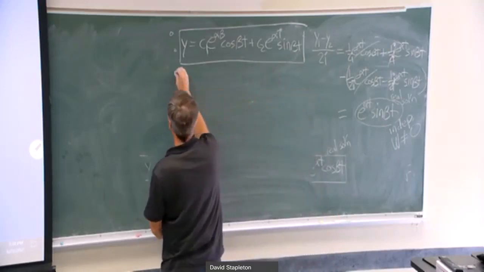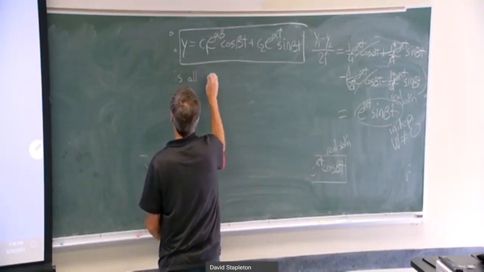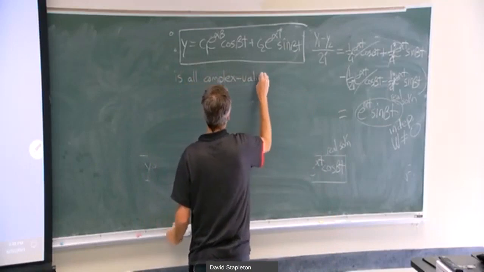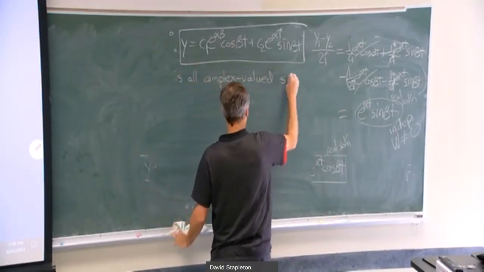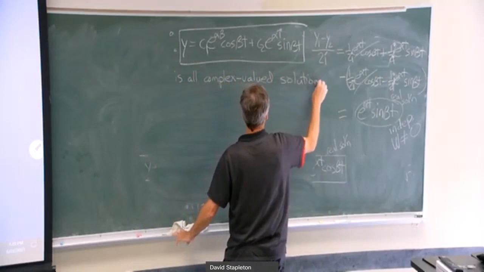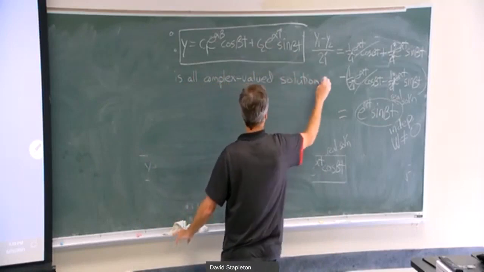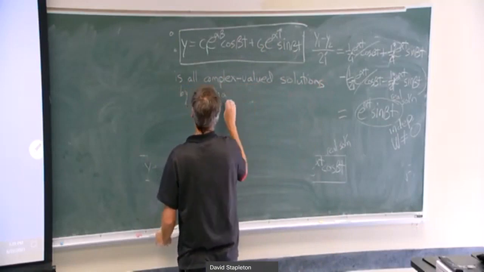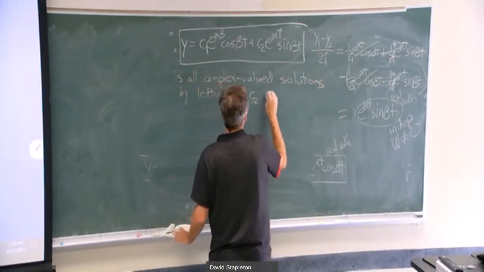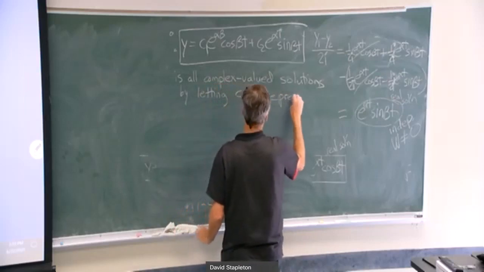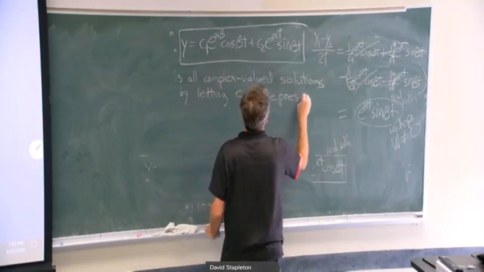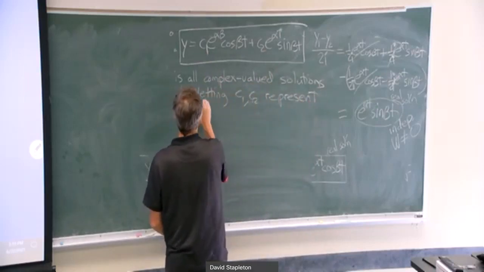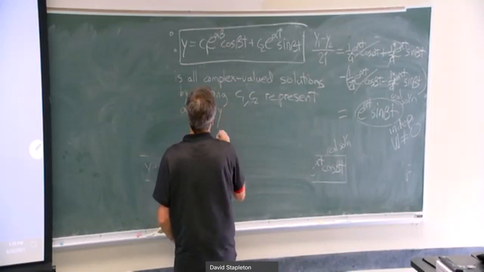So this is all complex valued solutions, even though I don't see an i in there. Because in complex numbers, you have to let the constants be complex numbers too. So by letting C1 and C2 represent arbitrary complex numbers, the i comes out of those. And so what we've done is found the general solution over all complex valued functions.